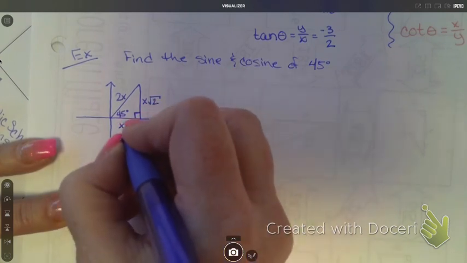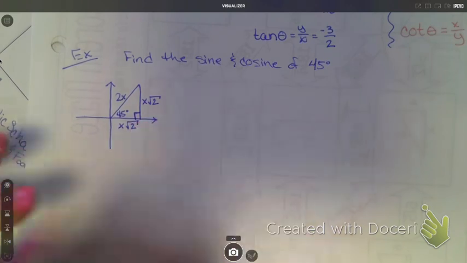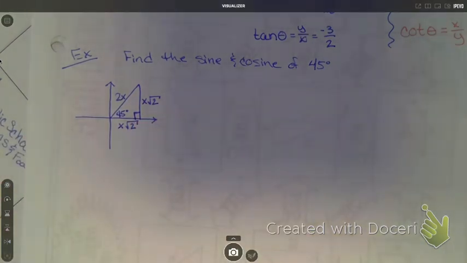And x square root of 2. But since this is some generic 45-degree triangle out there somewhere, no matter what I would do, all those x's would reduce out, correct? They'd reduce down to 1.